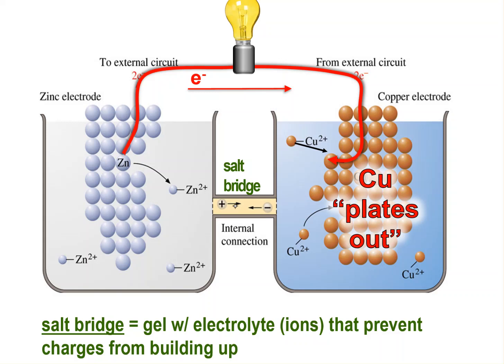And so negative ions can come out of this and help neutralize the positive charge. Positive ions can come out of this and help neutralize the negative charge that's caused by all of the copper ions leaving. But anyway, we usually don't treat those reactions as too important because we're really focused on the redox reaction. So that's the purpose of it.